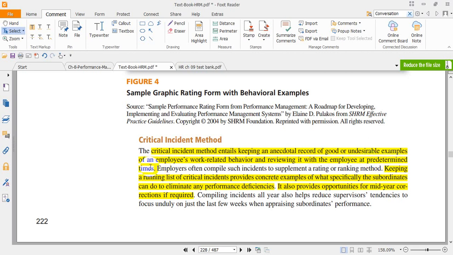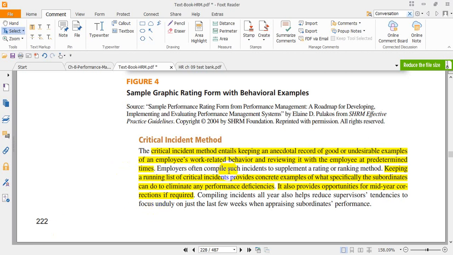So it's saving records for good and poor, or positive and negative behavior, and reviewing it with the employee at a predetermined time.